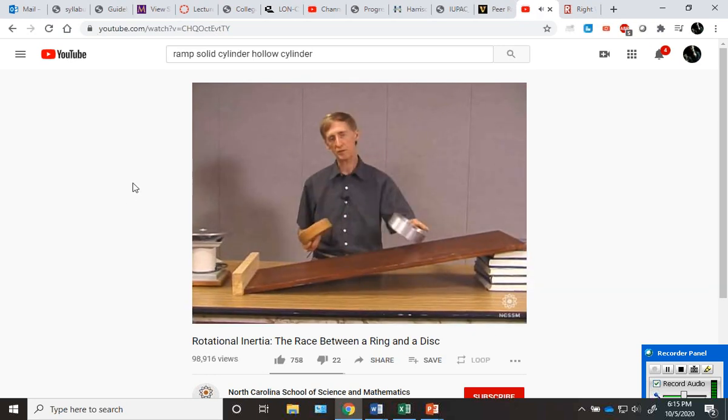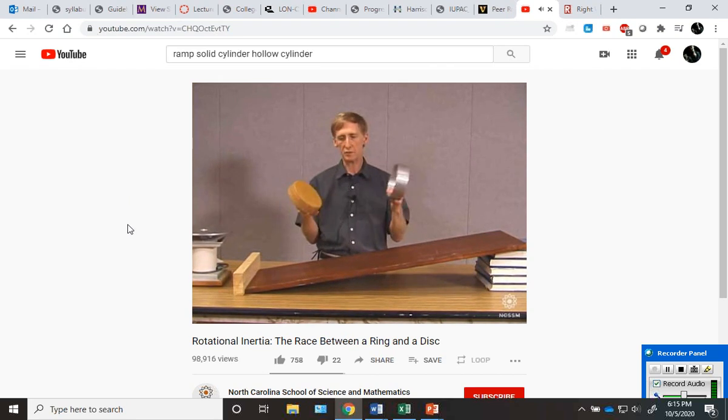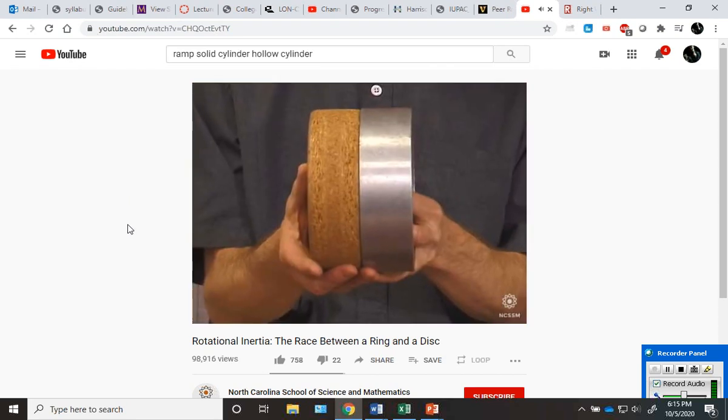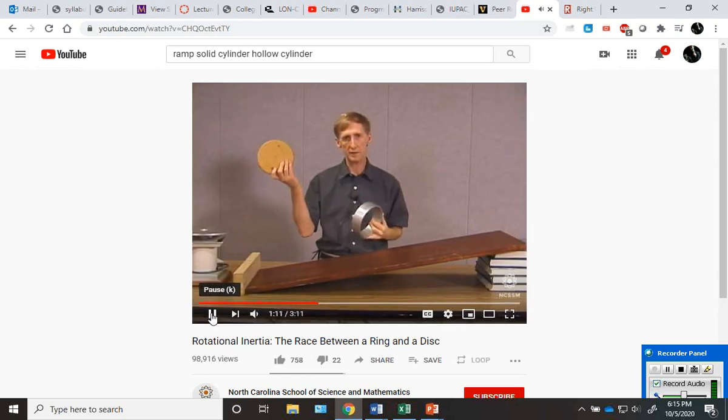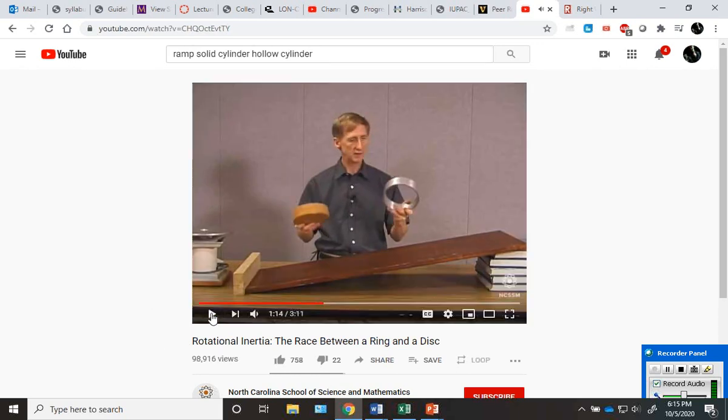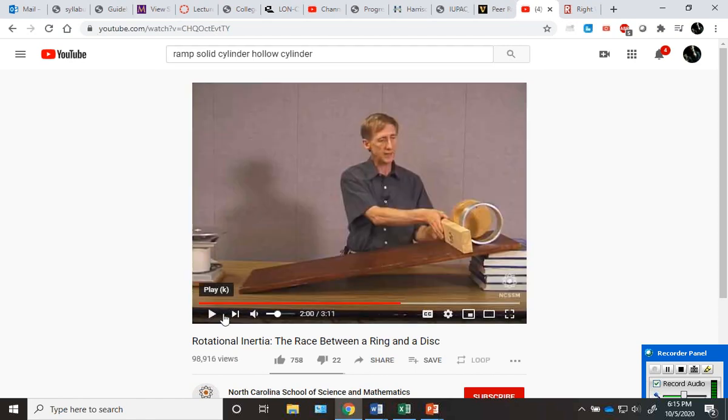So let's take a look at this. Okay. So one of them is a hoop, the other is a solid disc. They have the same size otherwise. Let's see what happens when he rolls them down the ramp. He's going to release them at the same time. The question is, which one reaches the bottom first?